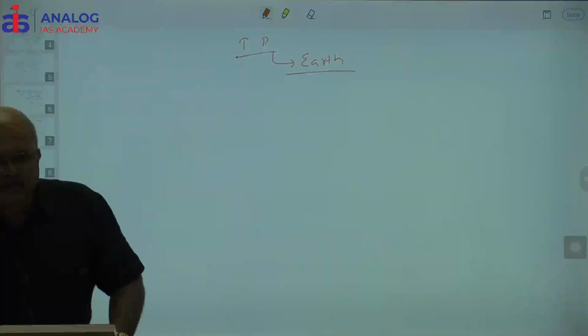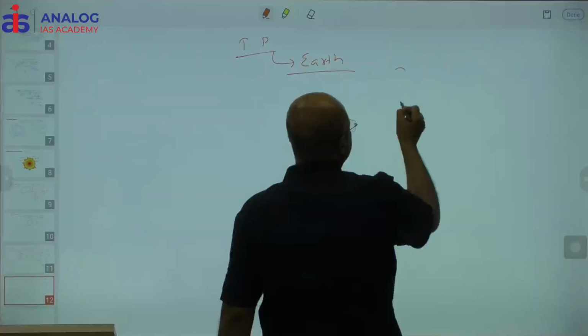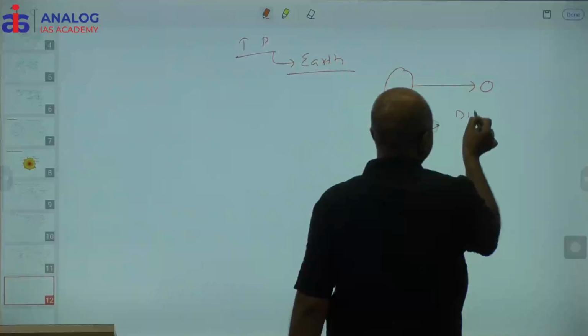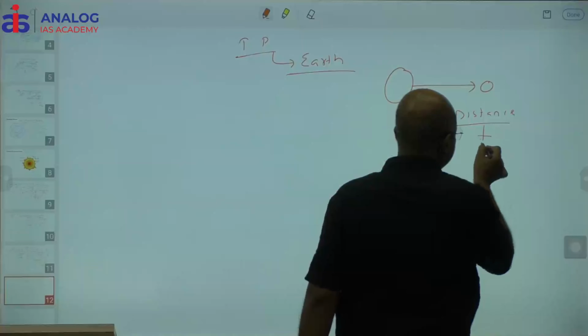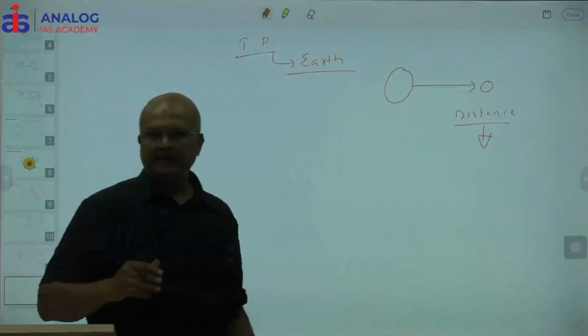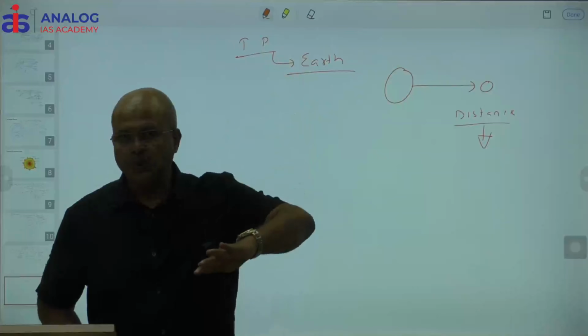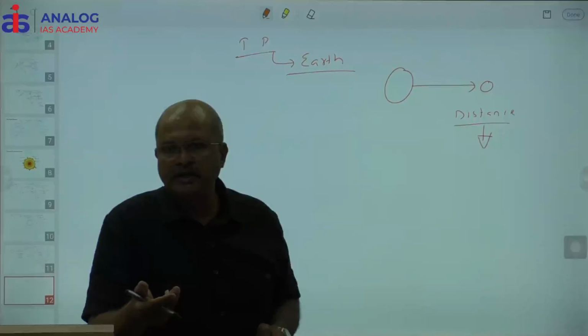Now, if you take the position of the Earth, the distance of the Earth from the Sun is such that the temperature is not very high, and the temperature is also not very low. When the temperature is very high, then there is air, water will evaporate.